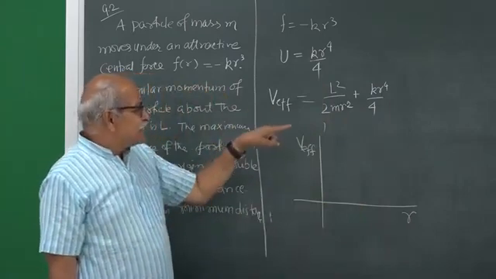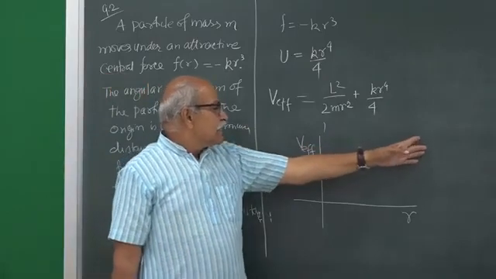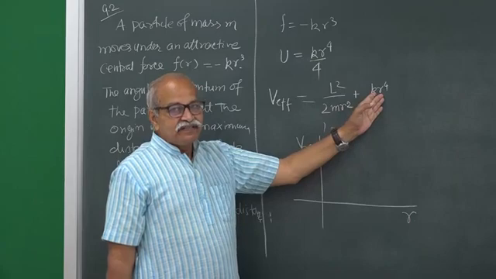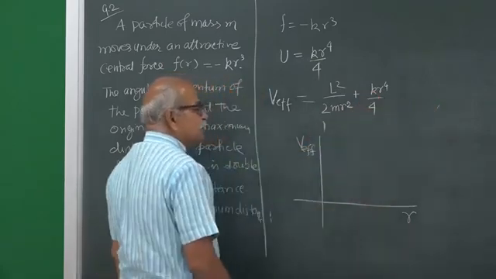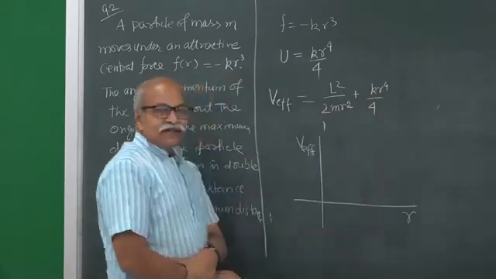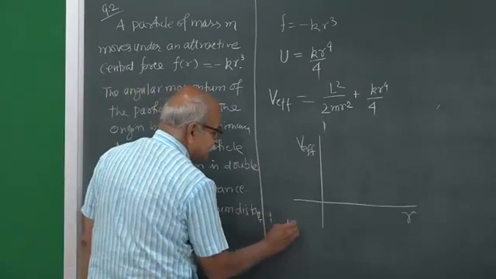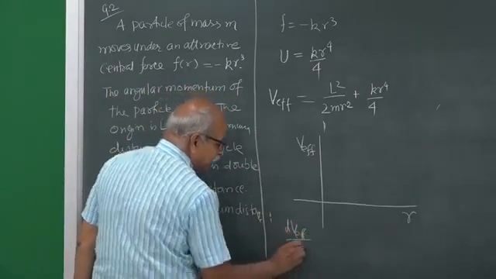And of course, I can look at the large r values. For large r values, the first term will be 0, but the second will go to infinity. So, it starts from infinity and it goes up to infinity. What happens in between? So, look for the maxima or minima of V effective, by differentiating with respect to r.